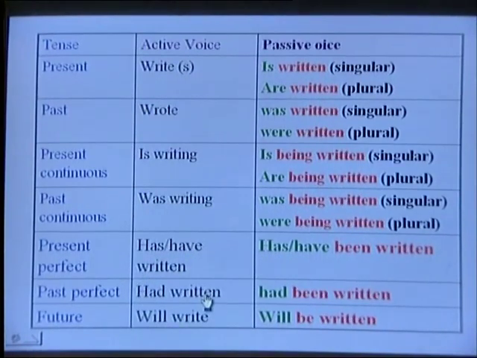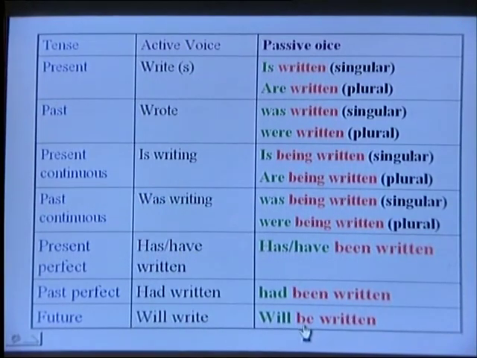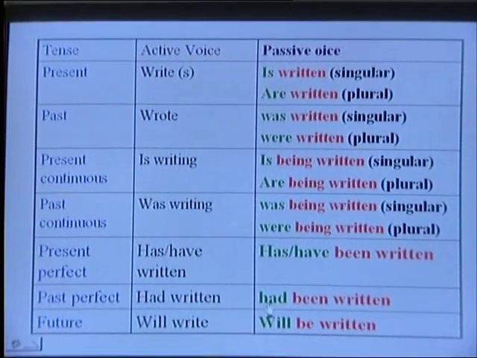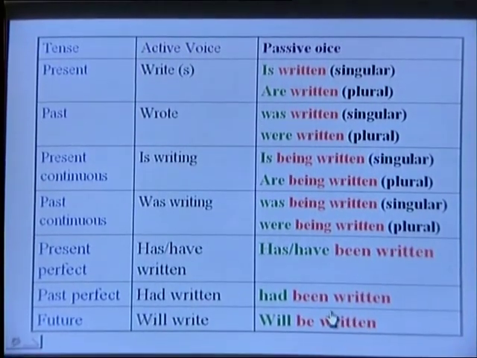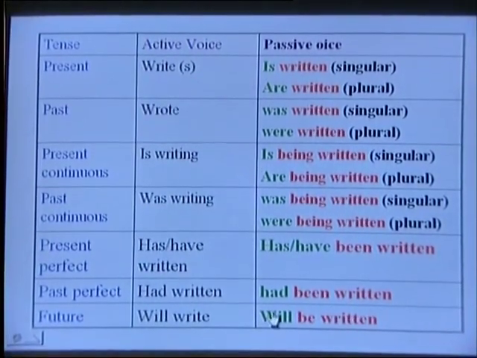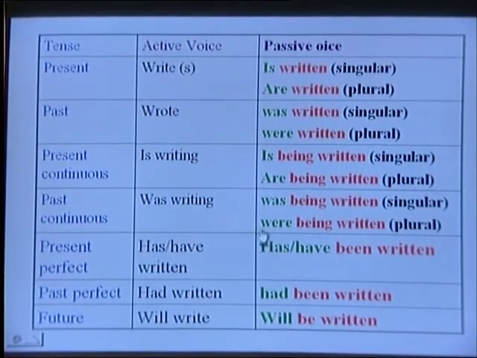Had written becomes had been written. And for future and modals like will, shall, could, should, in passive voice we use the be form: will write becomes will be written, should write becomes should be written, can write becomes can be written, shall write becomes shall be written in passive voice.